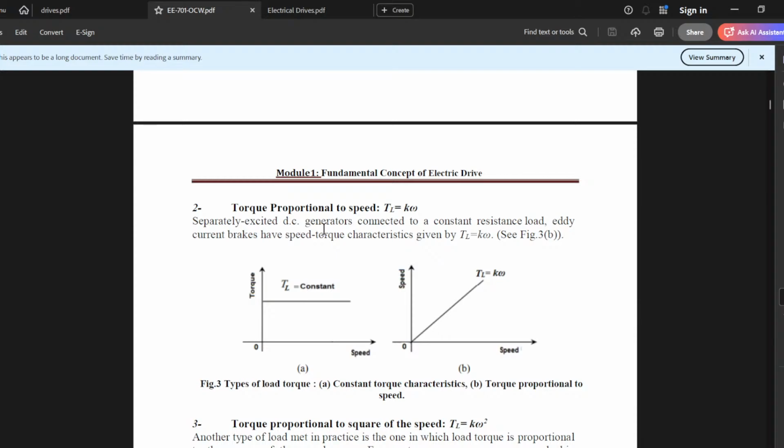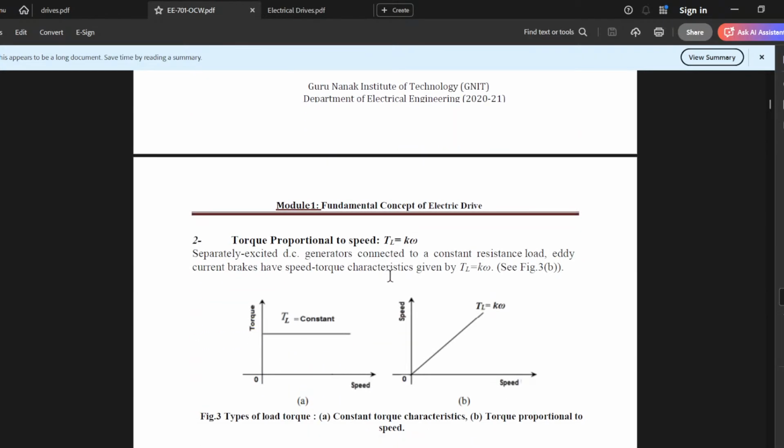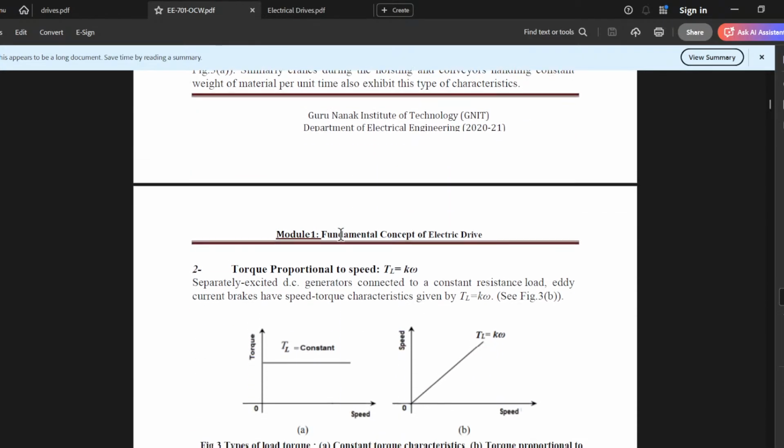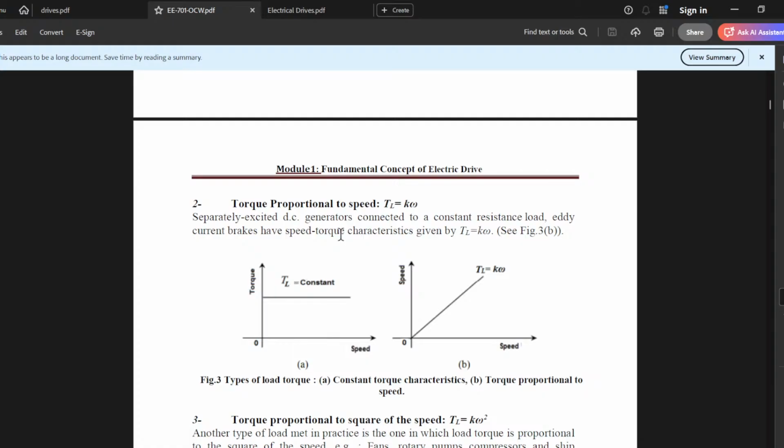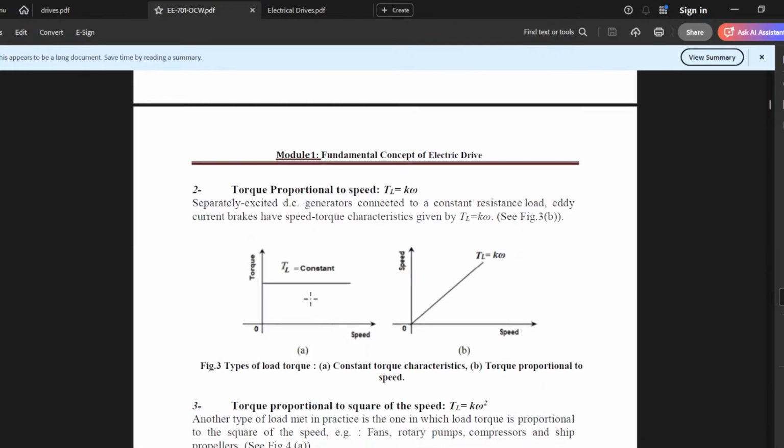Separately excited DC generators connected to constant resistance load, and eddy current brakes have this speed torque characteristic. A or B? So this figure is of constant torque and this is for proportional.